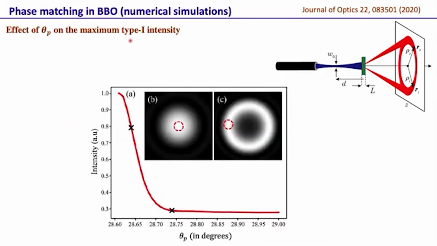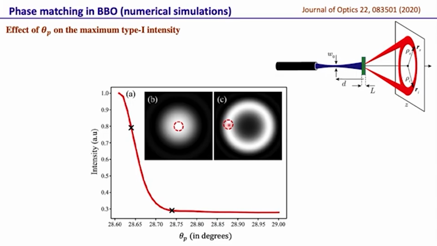We can also look at the maximum intensity. We looked at the total power, but what about the maximum intensity of these type 1 photons? For type 1, again, we start at 28.6 degrees, and the maximum intensity we can see is in the center when it's a blob, and when it becomes a ring, the maximum intensity will be somewhere along the ring, in the center of the ring.